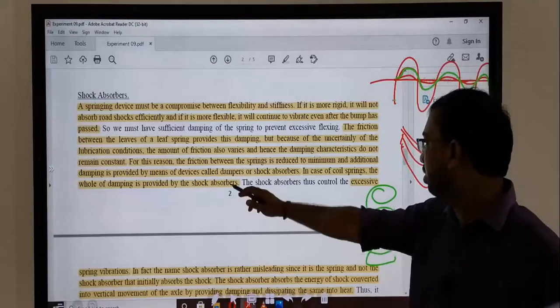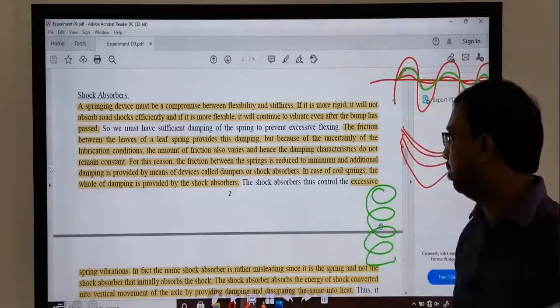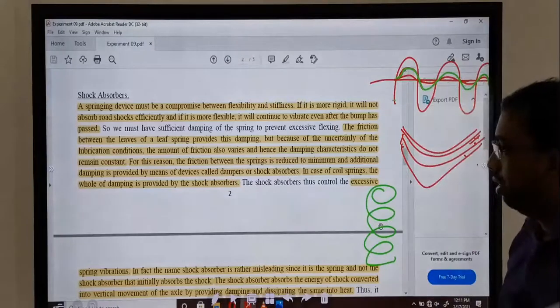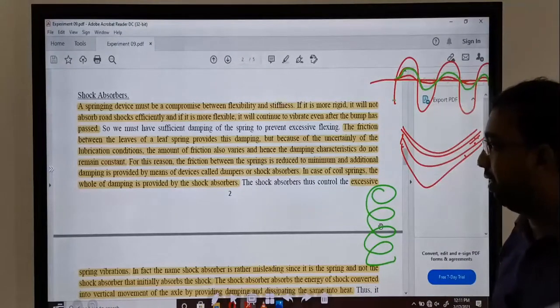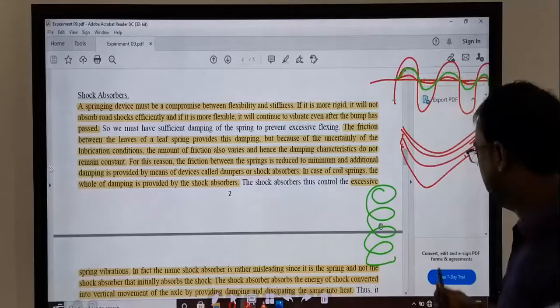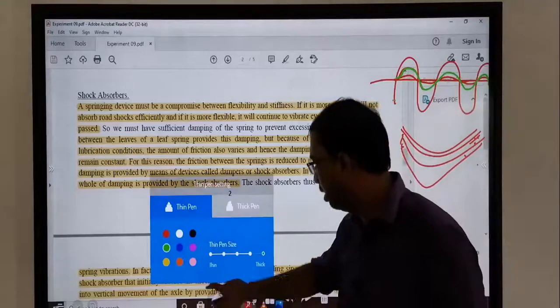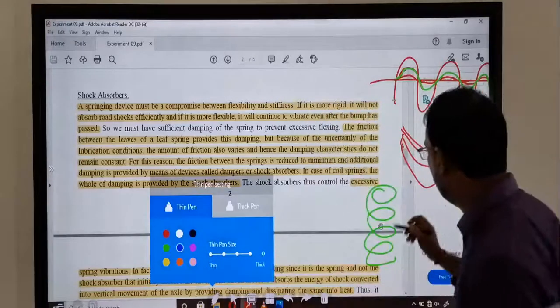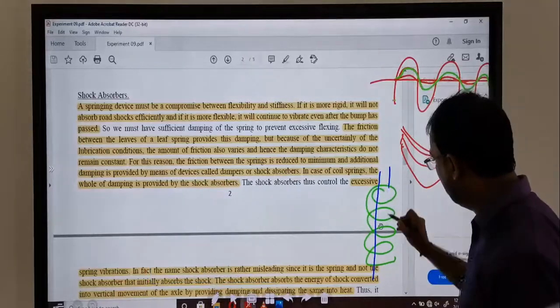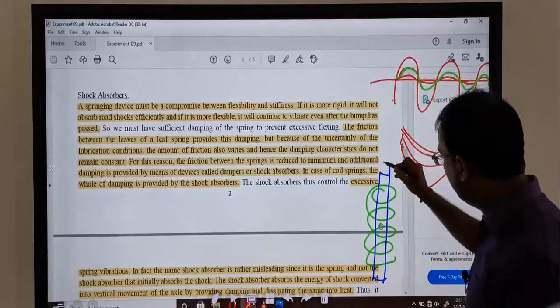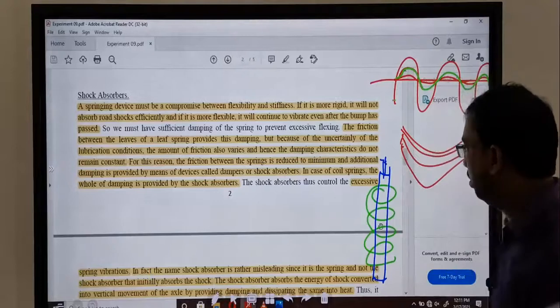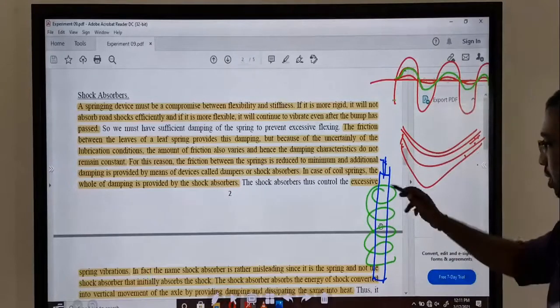The device is called a damper or shock absorber. In the case of a coil spring, the whole of the damping is provided by the shock absorber. Inside there is a shock absorber. You can see the shock absorber with the coil spring.